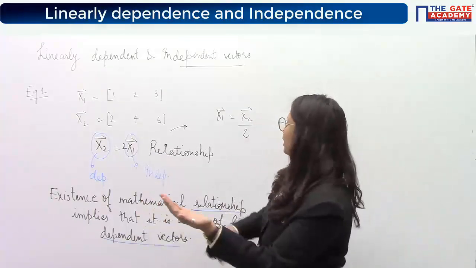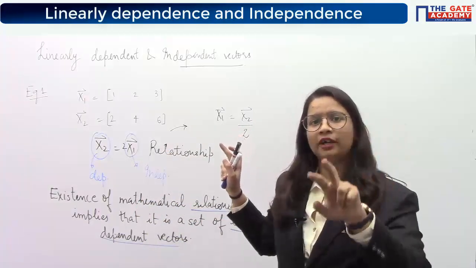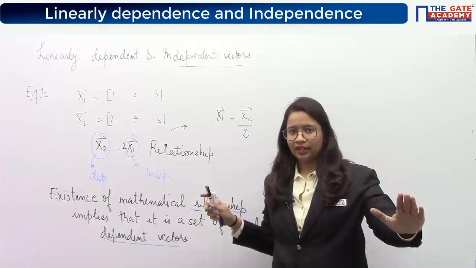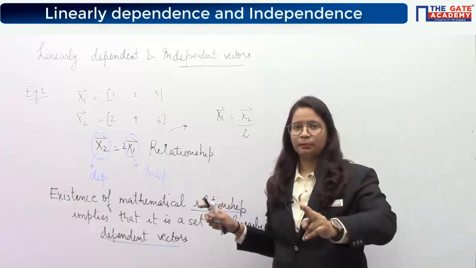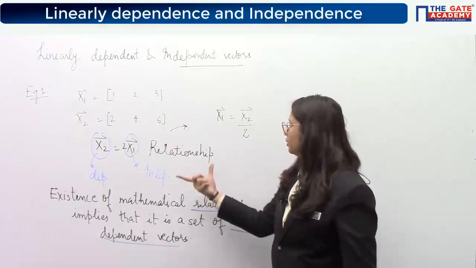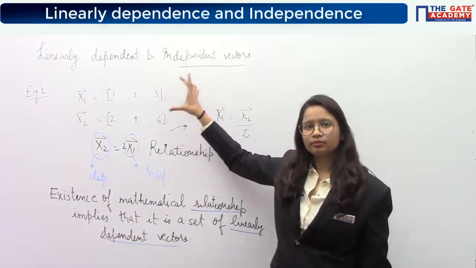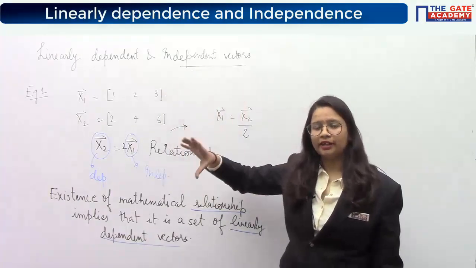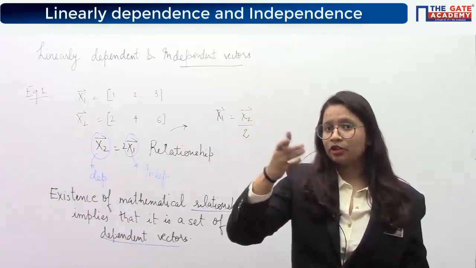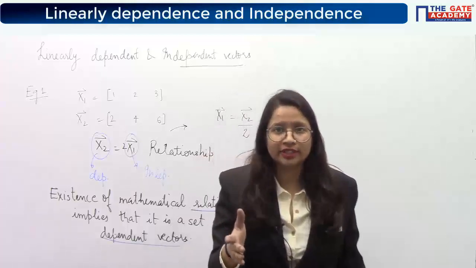So as soon as you interchange the relationship, the person who is dependent on the other will change. But we are not focused on which one is independent and which one is dependent. We are just focused on this: if the relationship exists, then as a set these two are linearly dependent. Similarly, there is a dependency between you and your parents because you are related to each other.